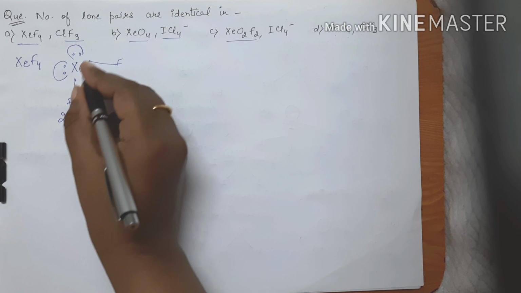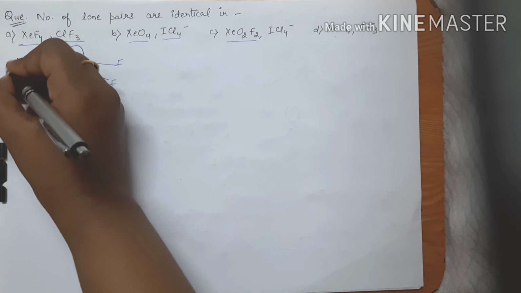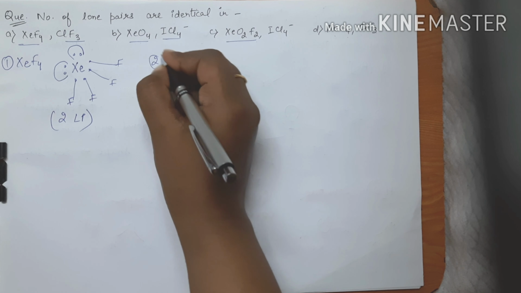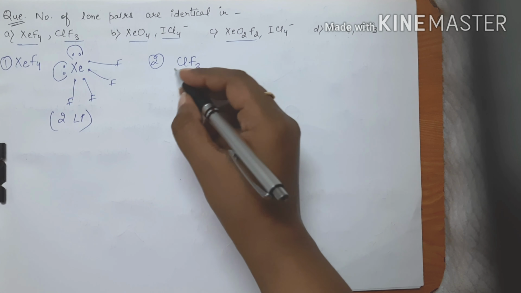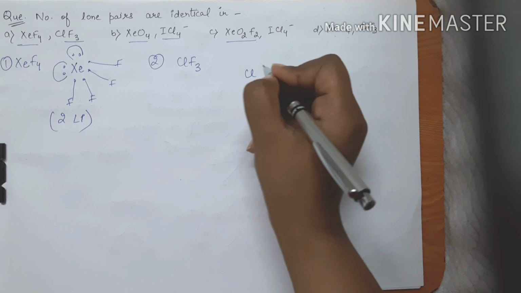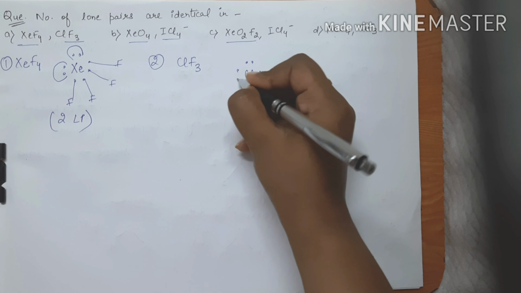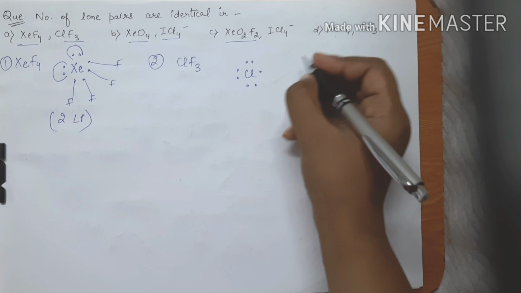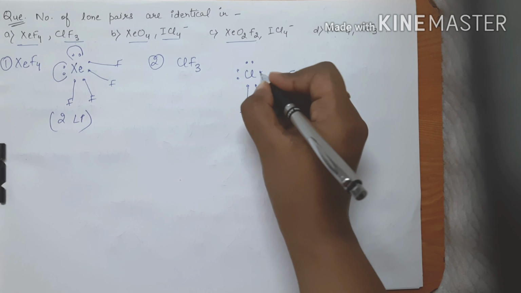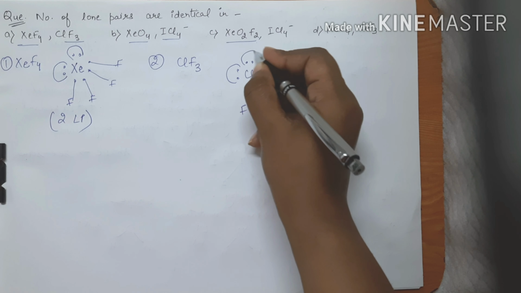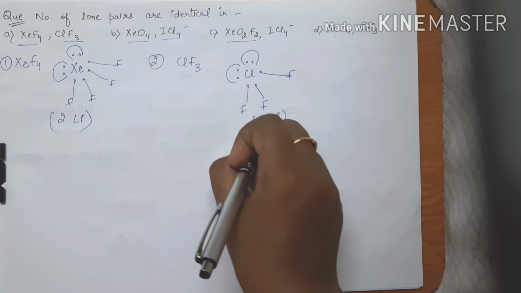So XeF4 has two lone pairs. Now second we'll move on to ClF3. Here the central atom will be Cl. It belongs to the halogen family, so it will have 7 electrons in the valence shell. Now it is attached to 3 fluorines like this, right? So it will have two lone pairs. So both of them have two lone pairs.